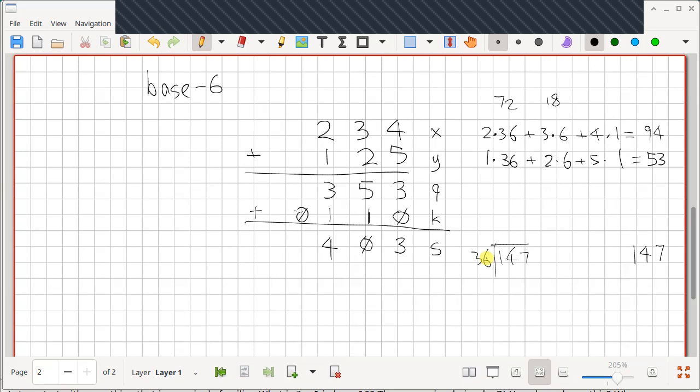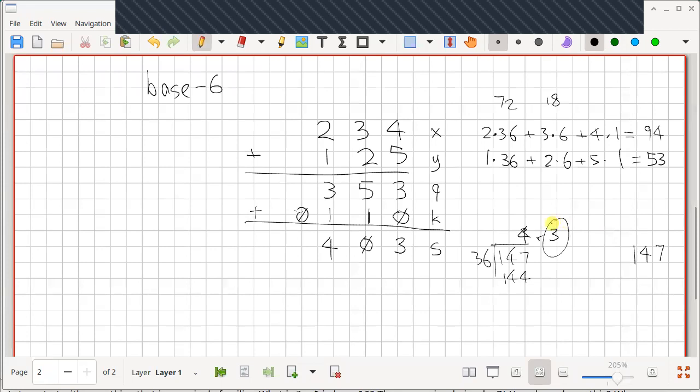So in this case, it'll be 4, right? Because 4 times 36 is 144. So 4 times 36 is 144 with a remainder of 3.